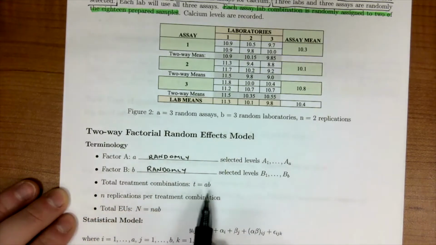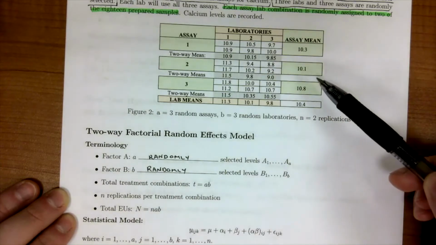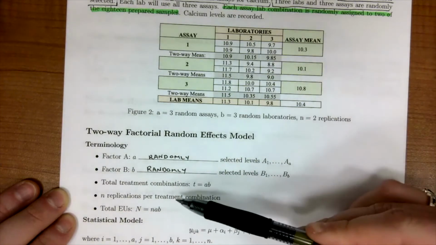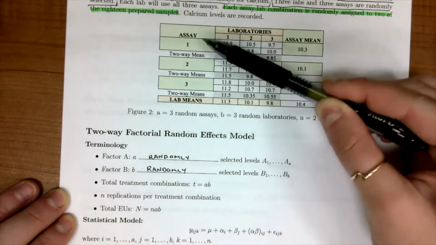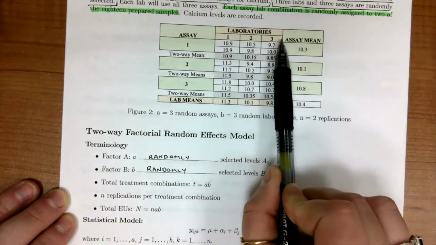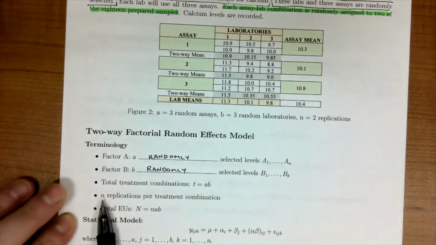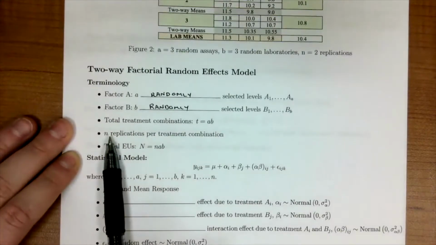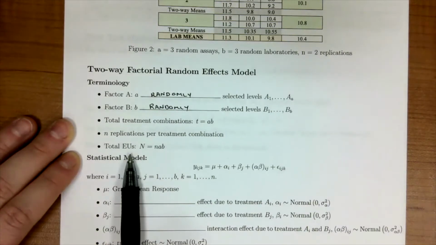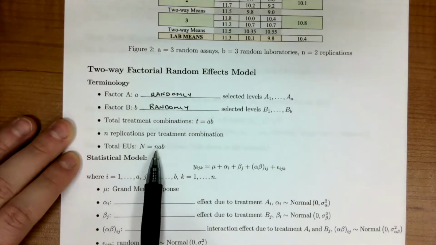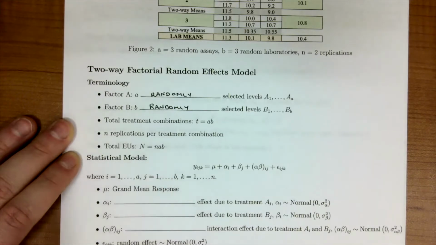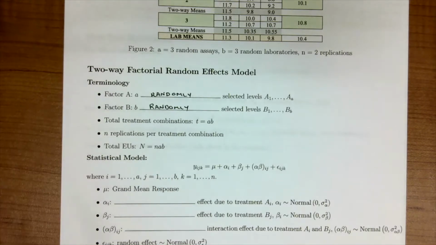Our total number of treatments will be A times B. If we come back up here, our total number of treatment combinations is 9 because we have 3 assays and 3 laboratories. But we also have to remember we have replication represented by little n. And so our total number of experimental units, capital N, is the number of replicates times the total number of treatment combinations. Okay?